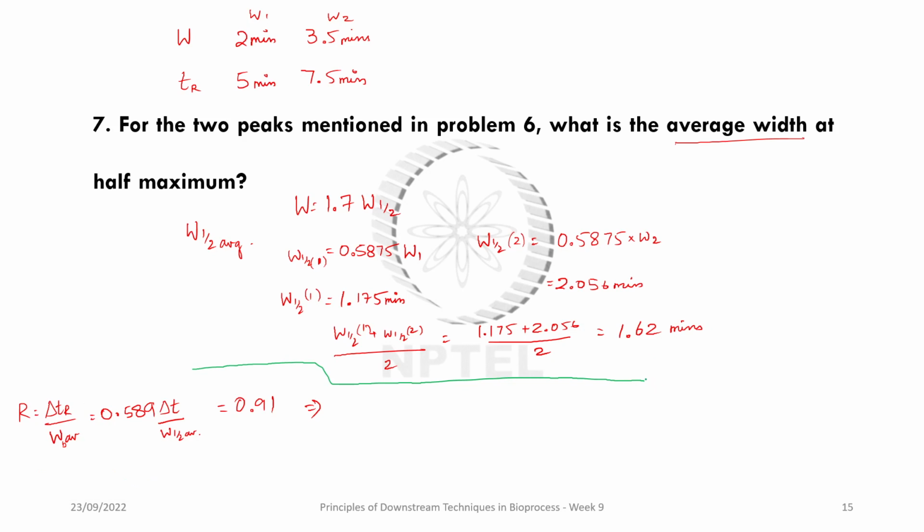I have stopped this particular process here. I'm going to just check if both of these match. So here what do we have? 0.91 by 0.589 is equal to delta t is 2.5 by half, which gives, I don't want to mix things up, so I'm going to rewrite this however childish that may be, into 0.589.